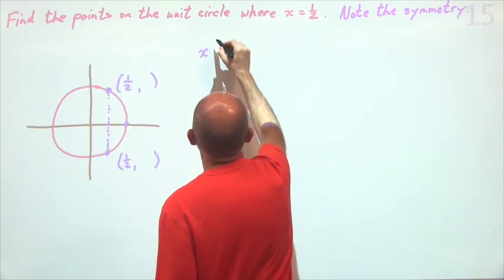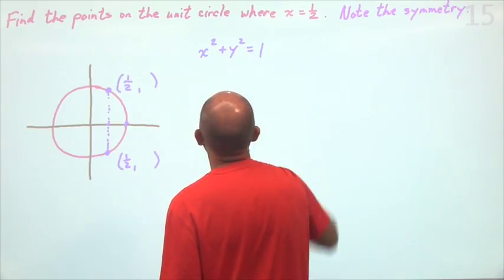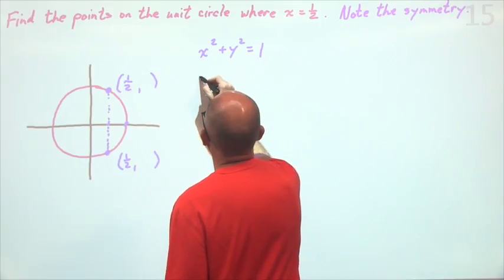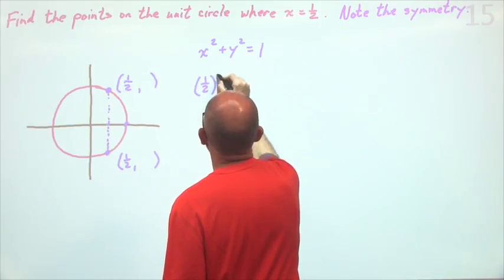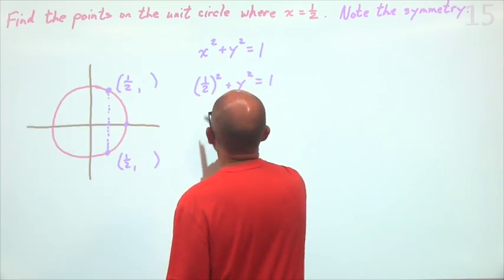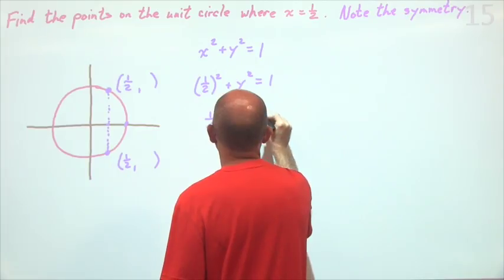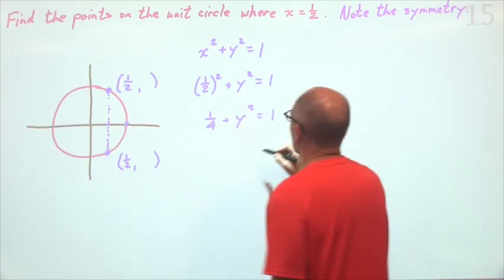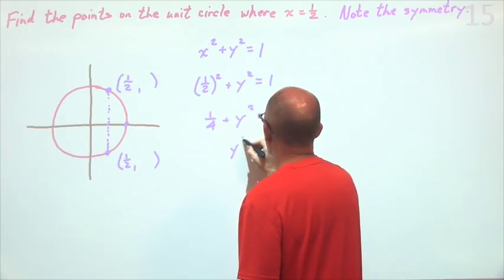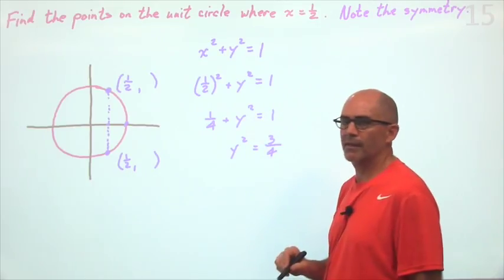Okay, then the equation of our unit circle, x squared plus y squared equals 1. So we just plug in 1/2 for x. So 1/2 squared plus y squared equals 1. Now square 1/2, you get 1/4. All right, so we're going to subtract 1/4 from both sides. So now y squared equals 1 minus 1/4, which is 3/4.